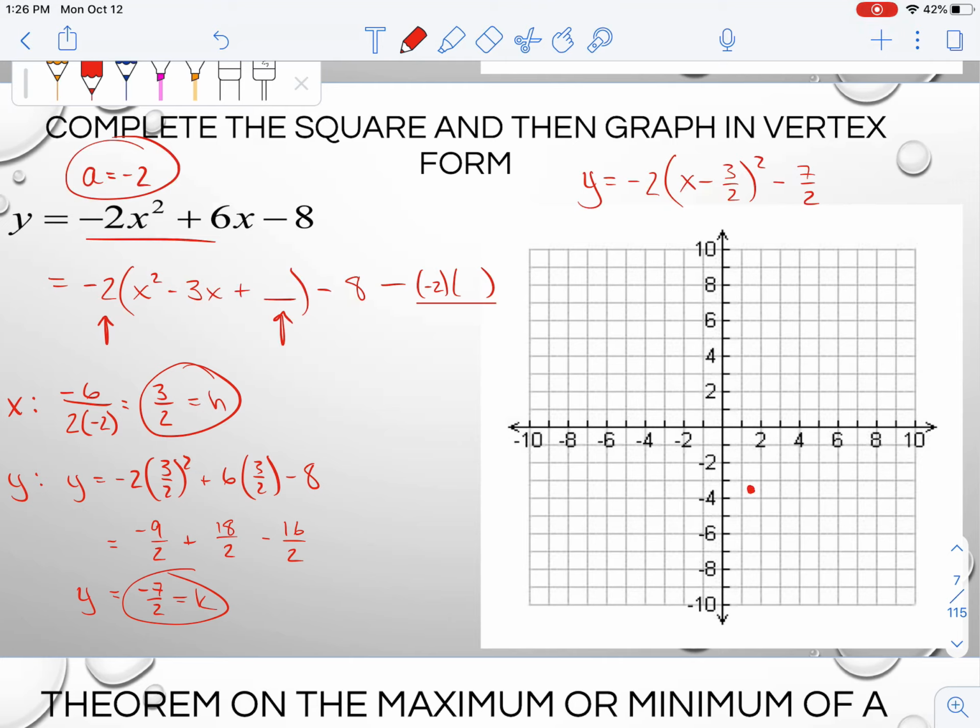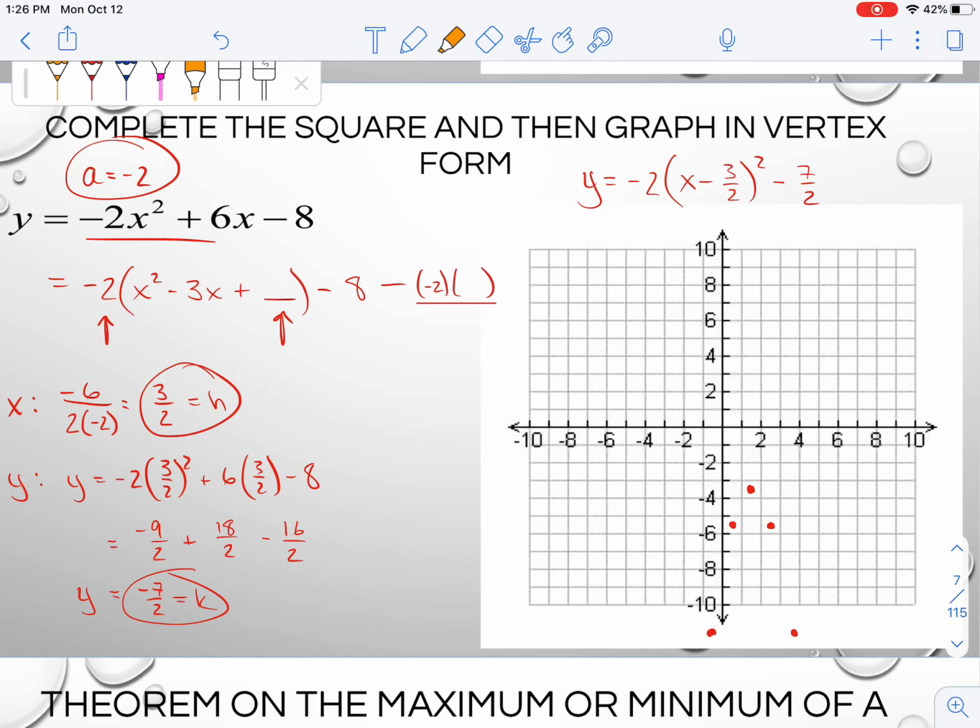So it's going to open downward. So I'm going to go over 2, or over 1 and down 2. Right? And over 4, or over 2, and instead of down 4, I'm going to go down 8, which is going to put me down here around 11.5. Okay?